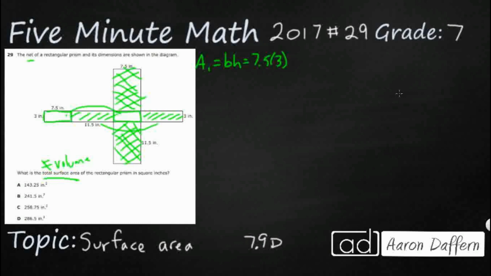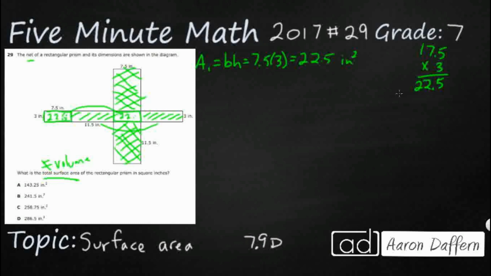So let's do 7.5 times 3, and that is going to be 15, 21, all right, 22.5 square inches. Now, I'm going to go ahead and double that. Since this is 22.5, I know this other one is 22.5.